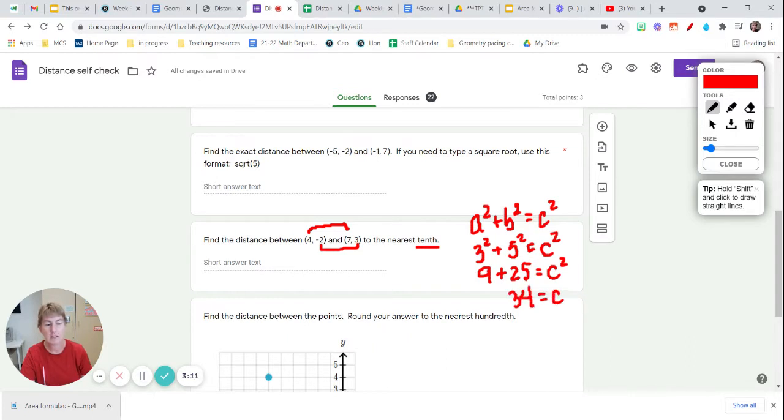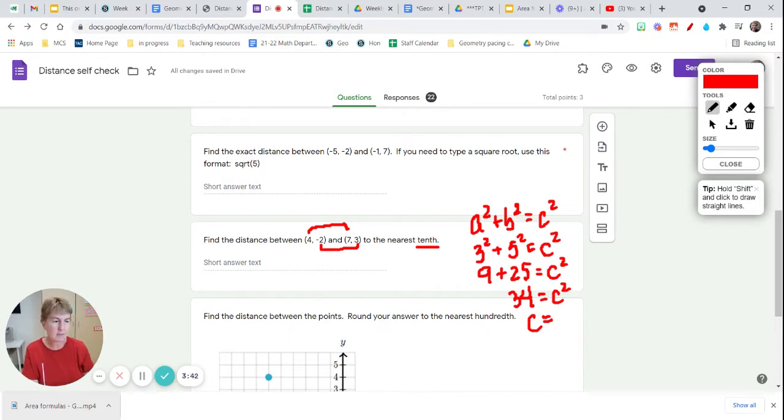I do need to take the square root of that to get c by itself, but also it says round to the nearest tenth. And so when I grab my calculator and I type in square root of 34, can you see that? I get a big old decimal all the way across the screen. Well, nearest tenth, that's 1 decimal place. So I take a look at that and I see an 8 in the tenths place, but I have to take a peek next door and say, oh, what's that number going to do to it?